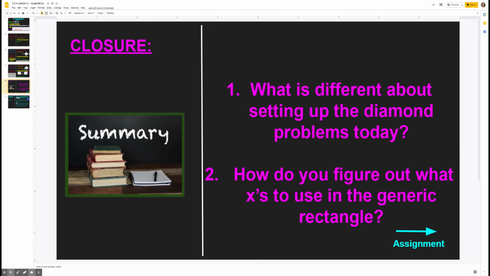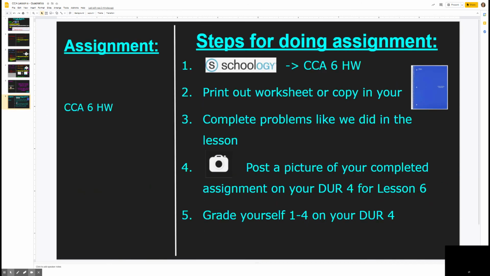So again, what's different about diamond problems today, and then how do you figure out what to put in the x's? When you are ready, here are the steps for your assignment.